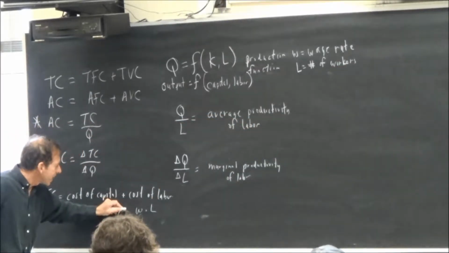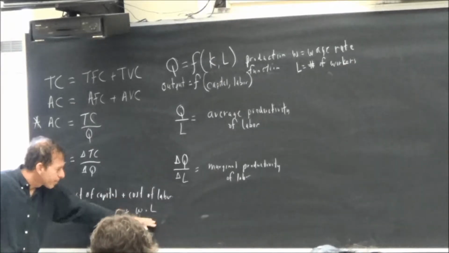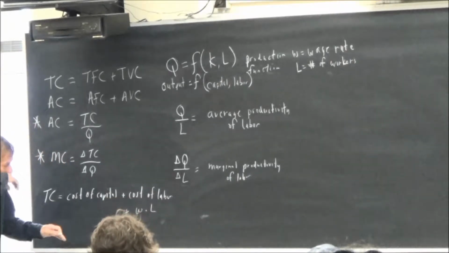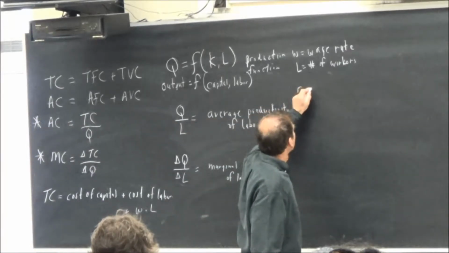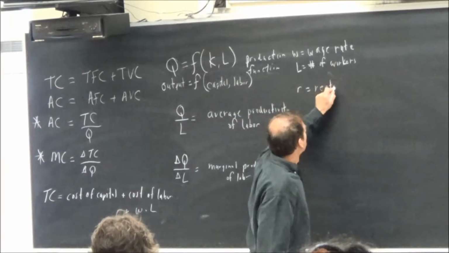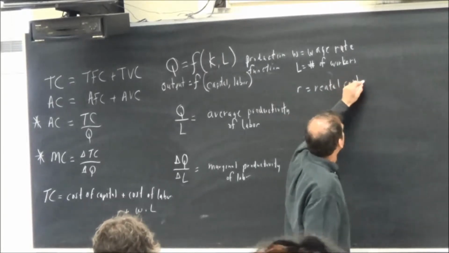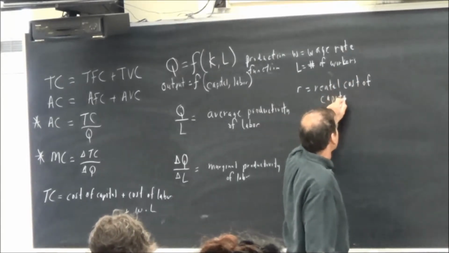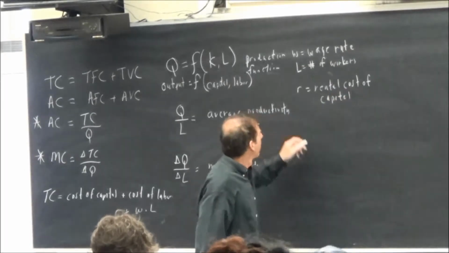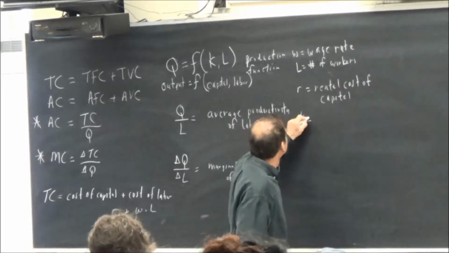And so that gives me that side of the equation. And the way capital is done is we have a rental cost of capital, just like a lease, maybe something like a lease would be. And then the number of capital units.